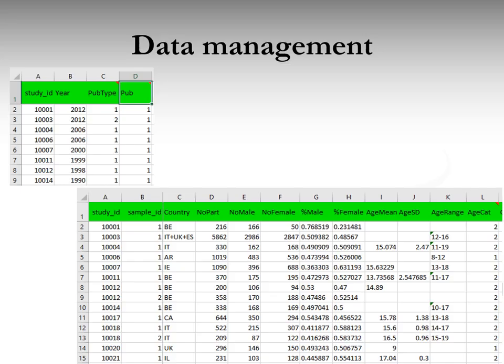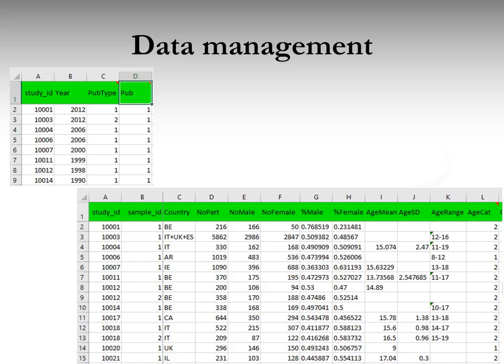In the second column, you have the publication year, which was 2012. In the third column, you have the publication type. I think one was published and two was unpublished. Then in the fourth column, you have another characteristic. So here you have an overview of all studies that were found. Probably another column is the authors and so on, or the complete reference.